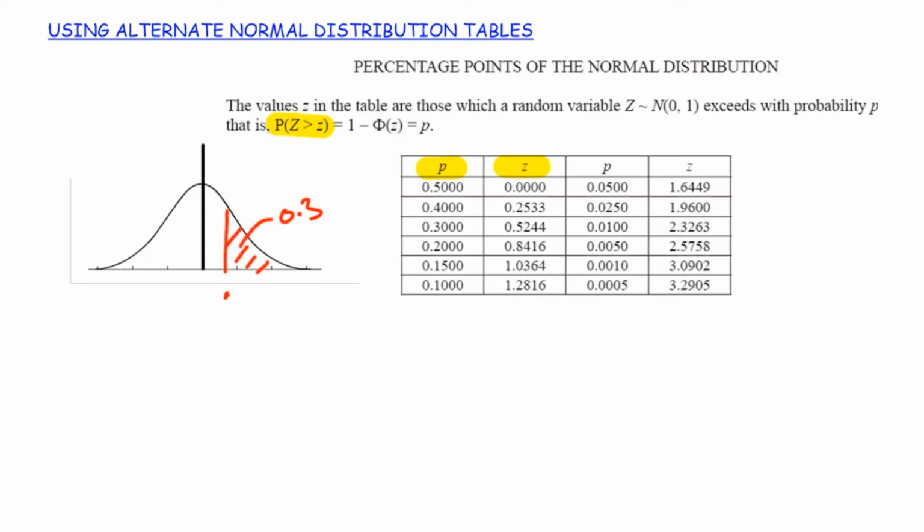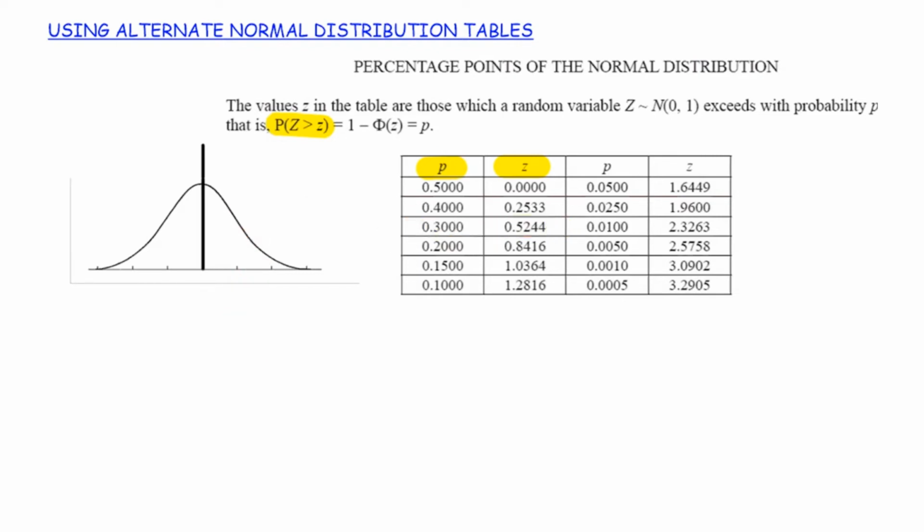What Z score is exceeded by 30%? Looking in the tables, well, here's my 30% and here's the Z score that matches. This will be a Z score of 0.5244. And I can go ahead and use that in the question and in my problem solving as necessary.